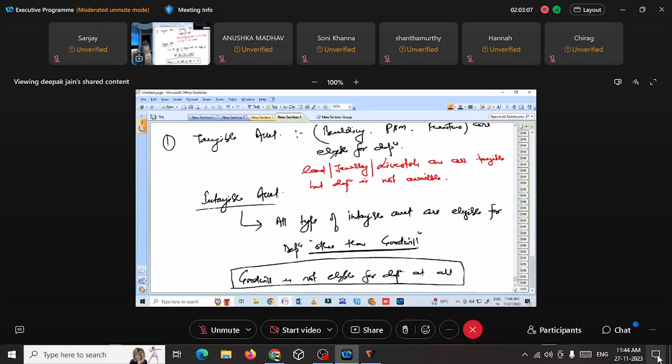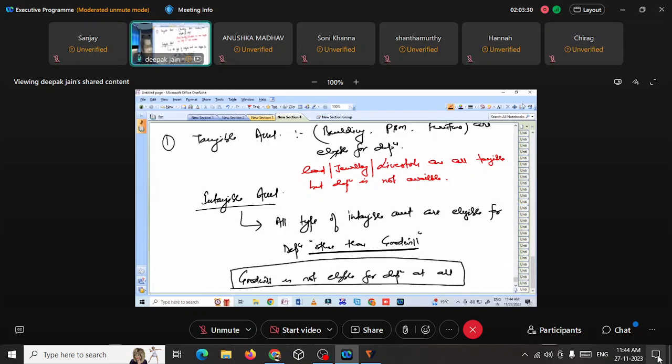So point number one, WDV categorizes the whole assets into two categories: tangible and intangible. Tangible में बेटा only three types of assets are eligible: building, plant and machinery, or furniture. Other tangible assets like land, jewelry, livestock, tea bushes are not eligible for depreciation.